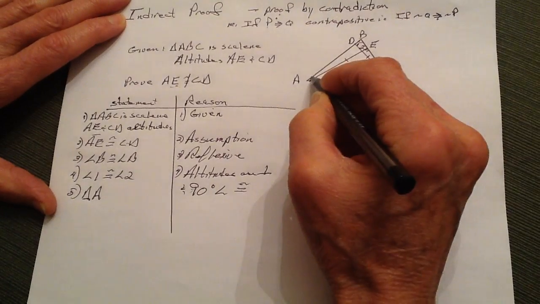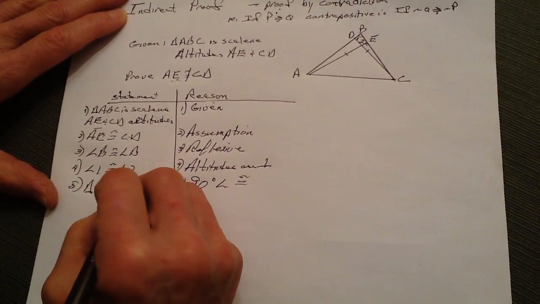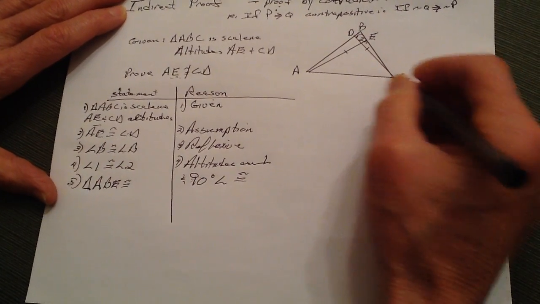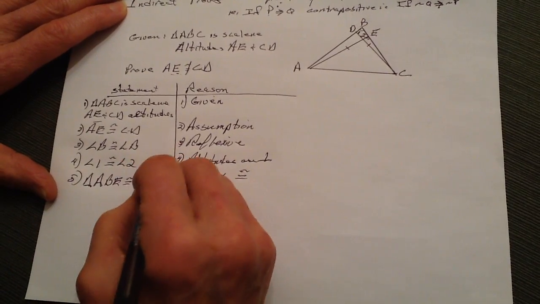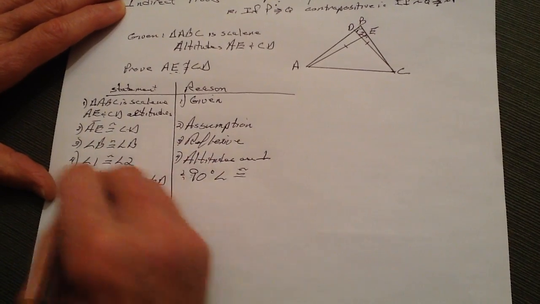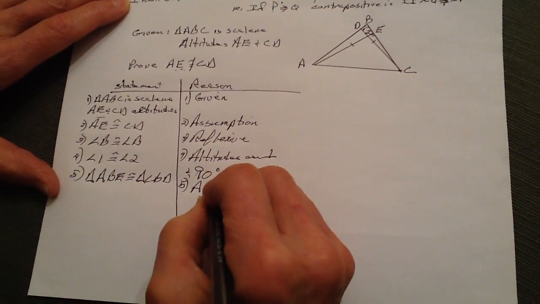Now I've got an angle and a side, so now I can say triangle ABE is going to be congruent to triangle CBD, number 5. The reason for that, as I already mentioned, is angle, side.